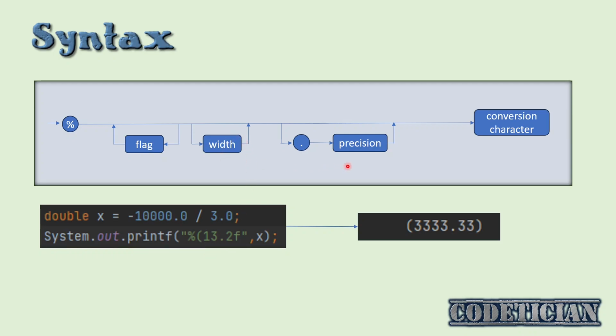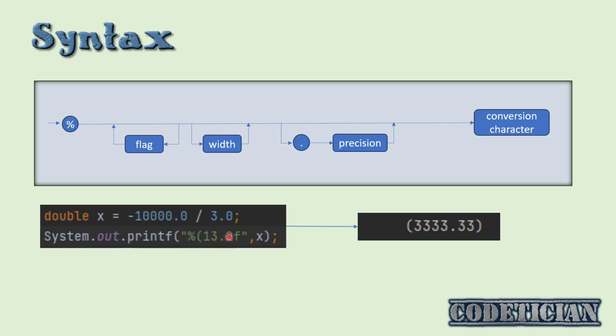Now, after this width, you can add the precision. And for adding the precision, you have to add this dot. I'm saying to add a precision of 2, which is how many digits will be there after the decimal. I'm specifying it as 2, so there will be 2 digits after the decimal. And to use that precision, I have to use this dot operator. So what is my formatting?